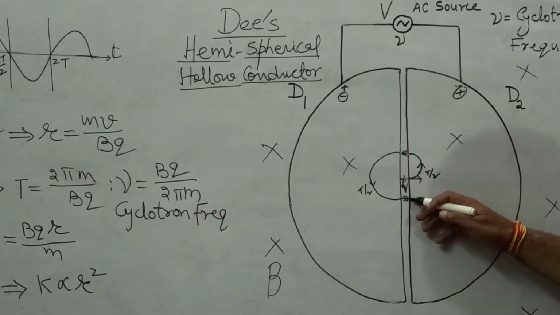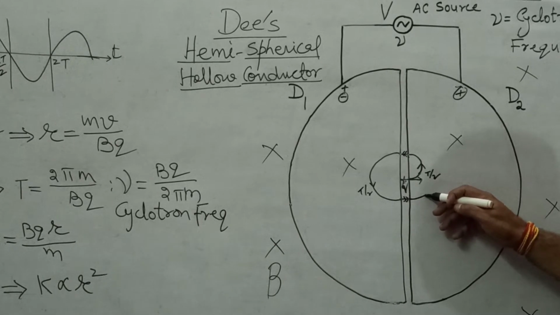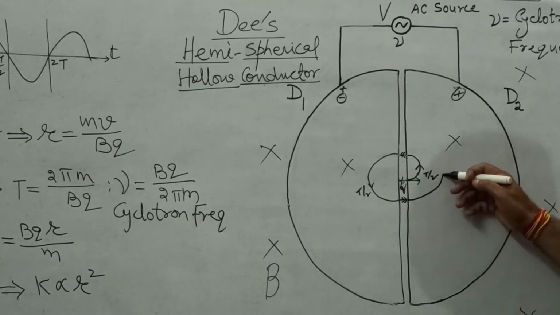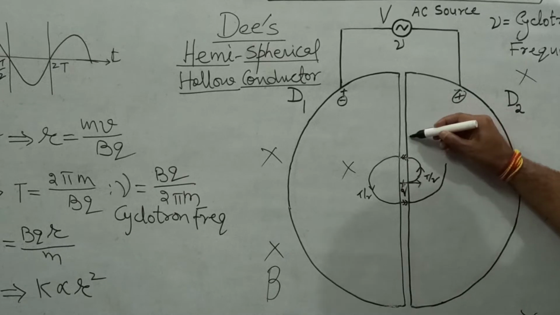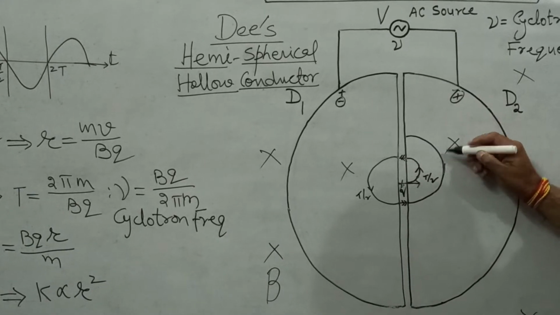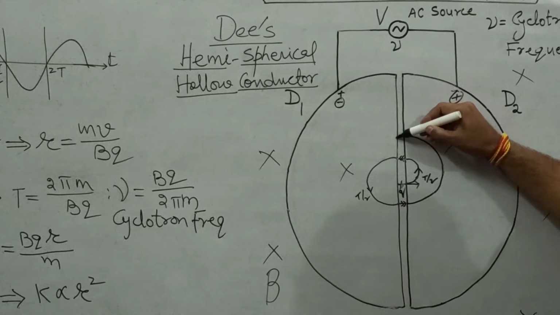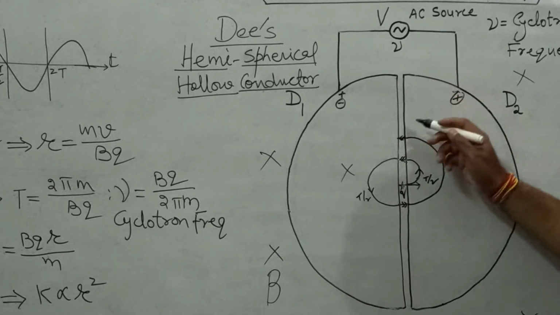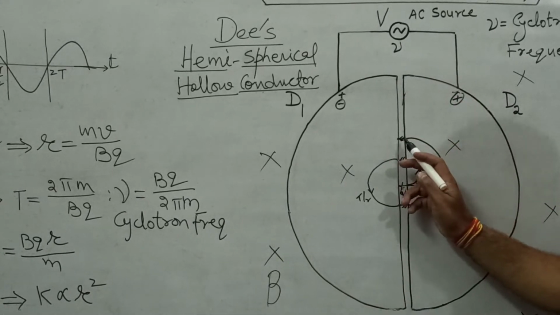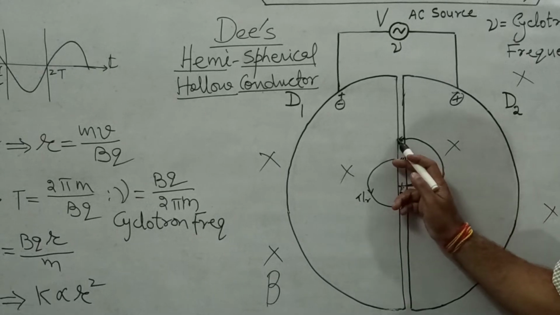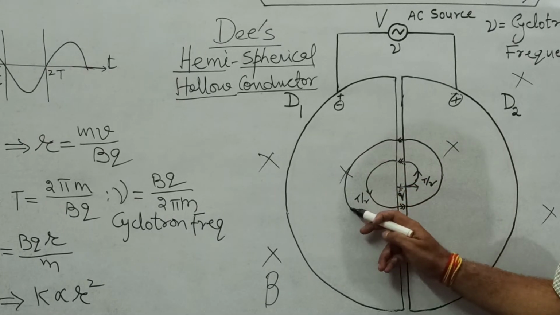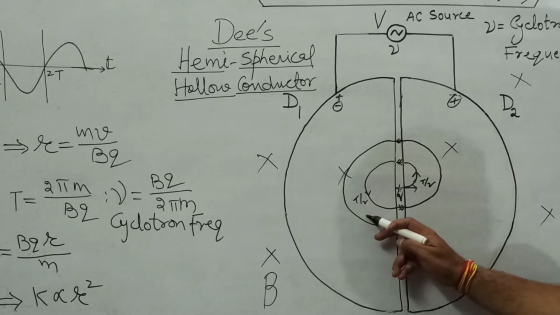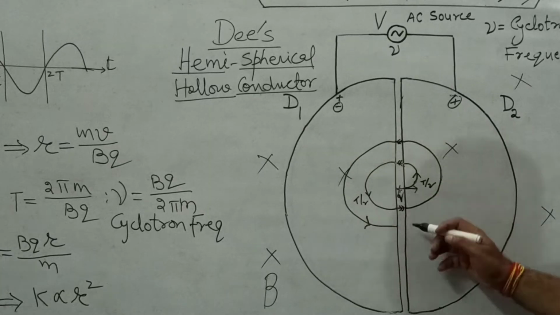It moves on a semicircular path of even bigger radius. The radius of the semicircular path goes on increasing. But as it reaches here, again the polarities of the spheres are reversed, and its velocity increases and it moves on a semicircular path of greater radius, and the process continues.